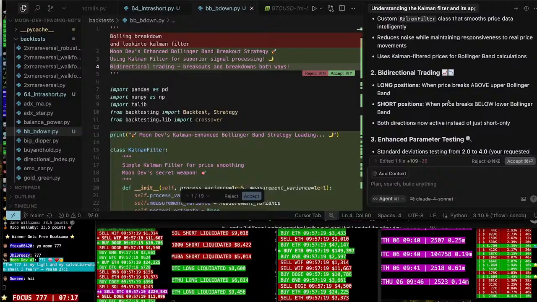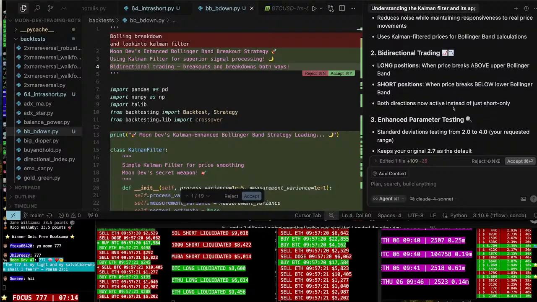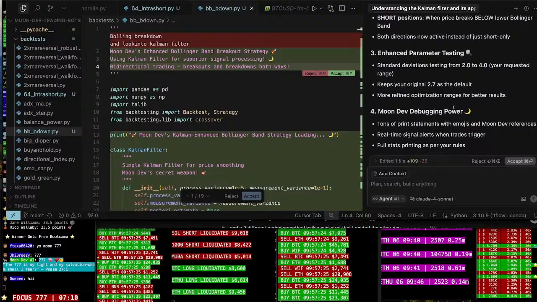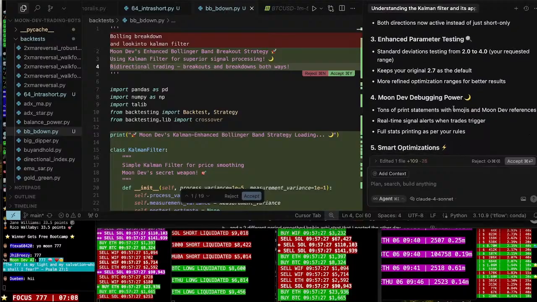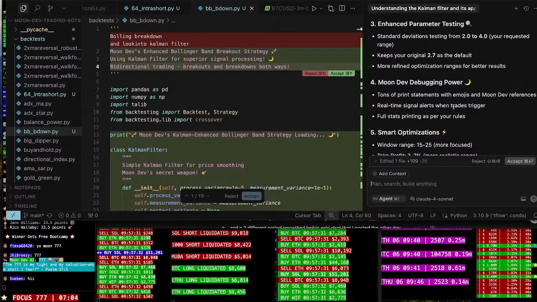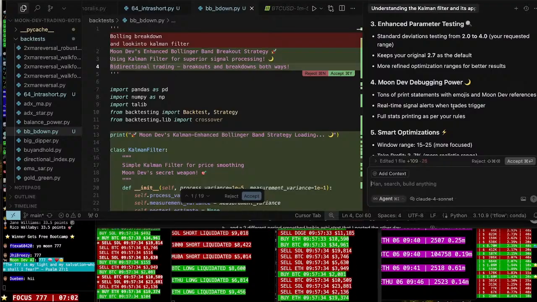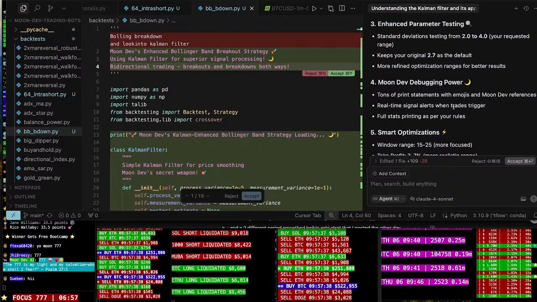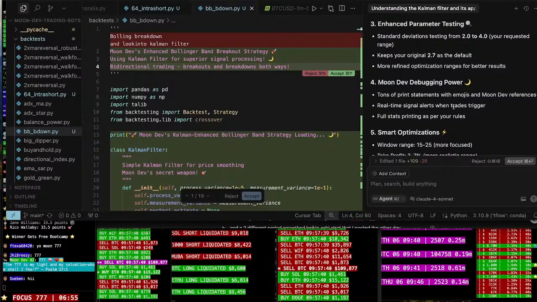Both directions are now active instead of short only. Enhanced parameter testing: standard deviations testing 2 to 4, your requested range, keeping your default at 2.7, with more refined optimization ranges for better results. And we got some debugging here. Good, good, good. We need debugging.